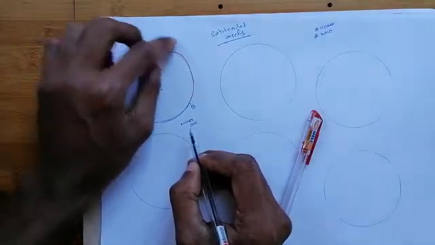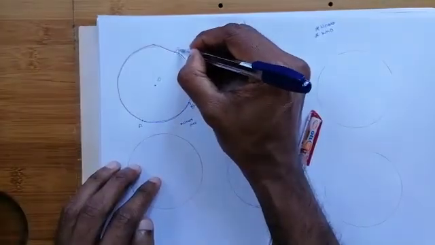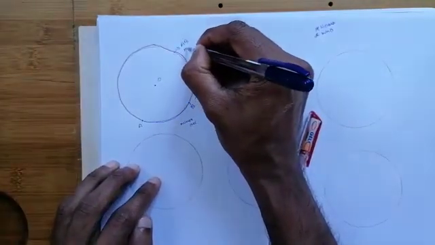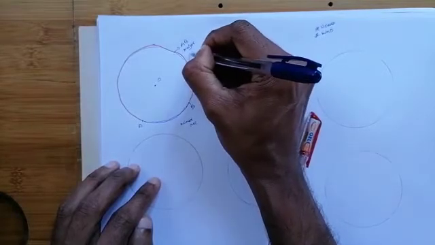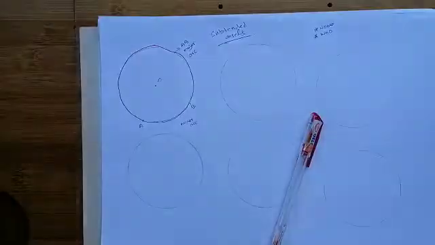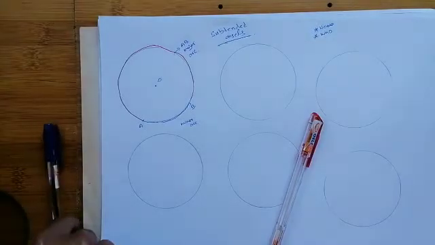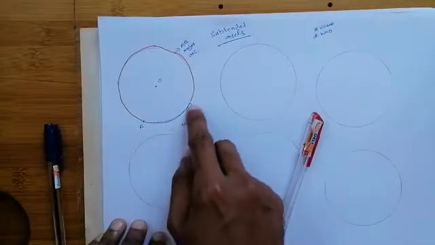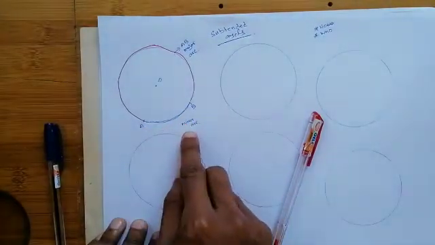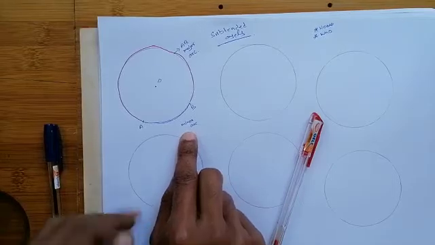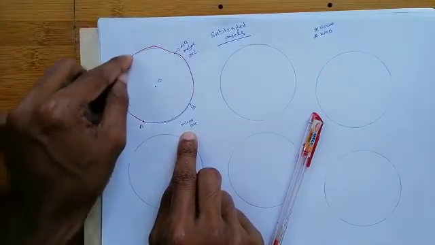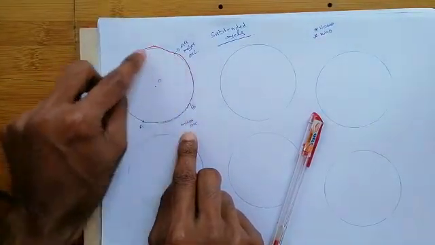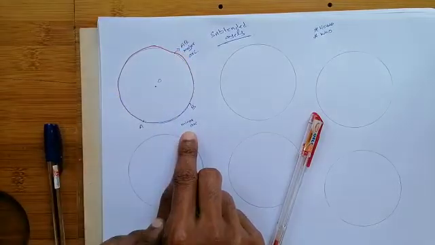The red part is called the AB major arc. That is also called AB, but we need to differentiate it. So we call the blue arc the minor arc AB, and the remaining portion we call the major arc AB.